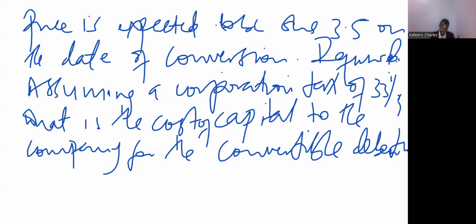So let's look at the solution. How best can we sort this? Since the examiner remained silent on the redemption value, we just assume that it was redeemed at par.